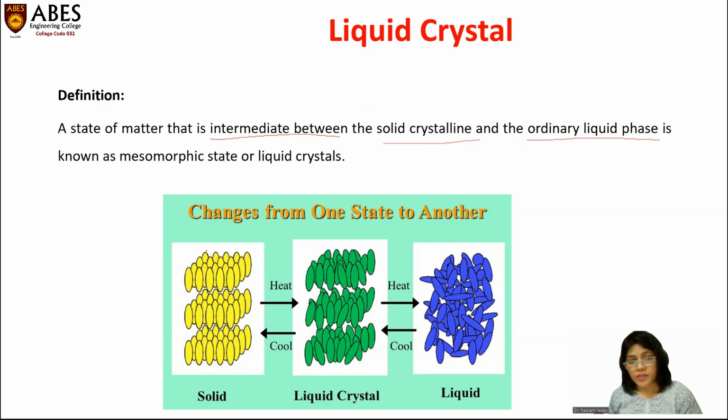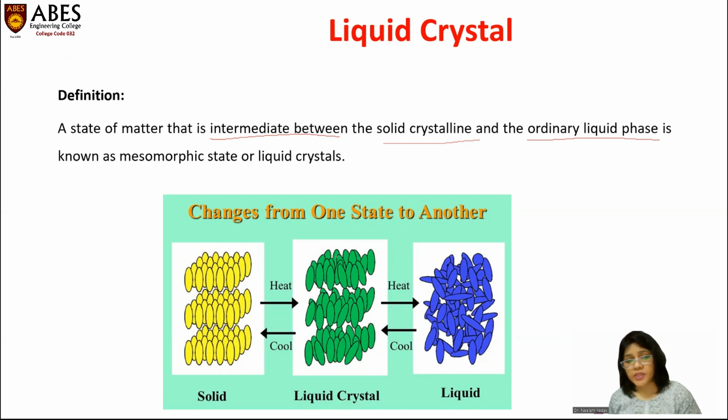Solid crystalline phase has the structure where the molecules have a fixed position and the long axis is also oriented in one particular direction. While when we are talking about liquids, the long axes of the molecules are not always oriented in one direction, and the position of the molecules is also not fixed.